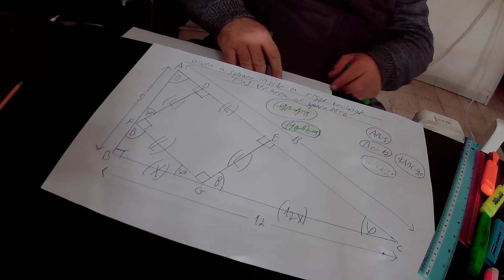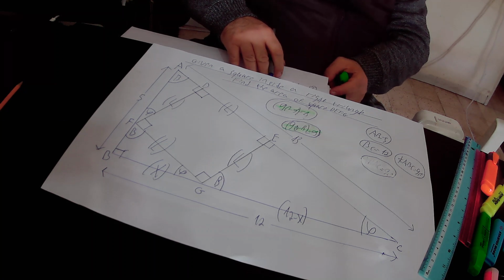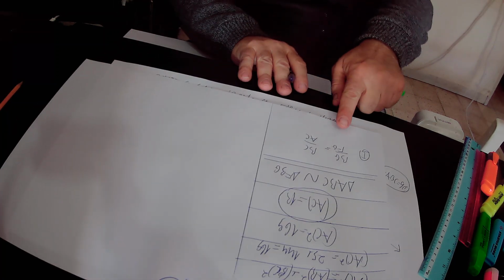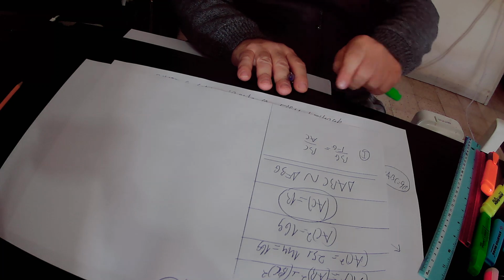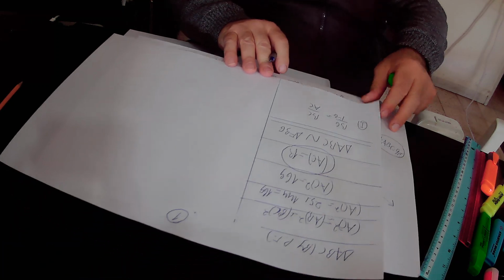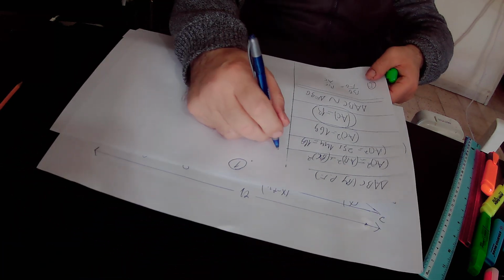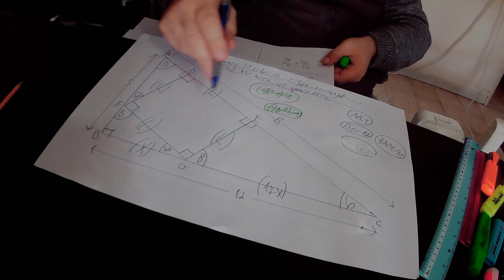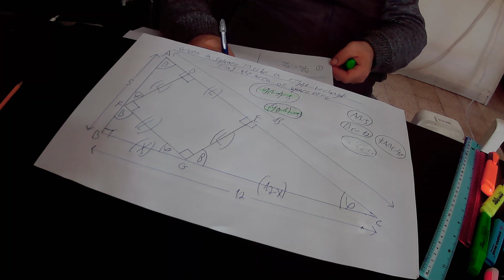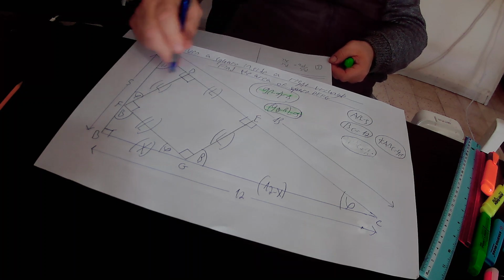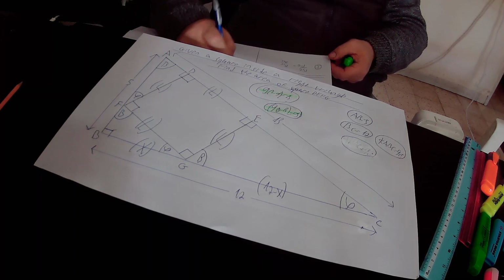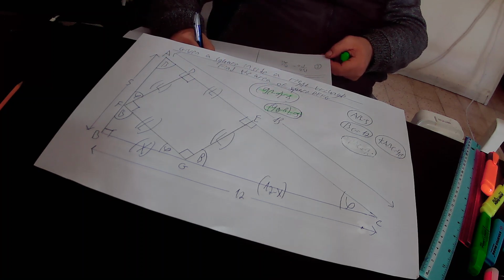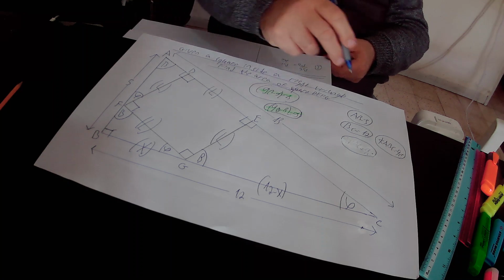Repeat again. We will derive that BG over FG equals BC over AC. So this is equation 1. BG is X, over FG, which is L, and it equals BC, that is 12, over AC, that is 13.